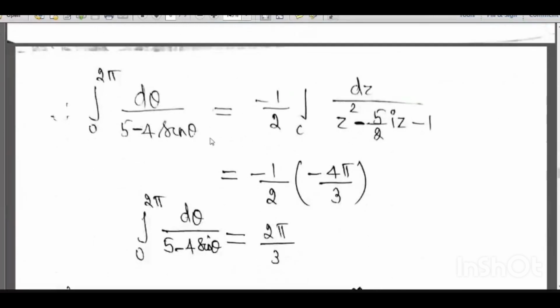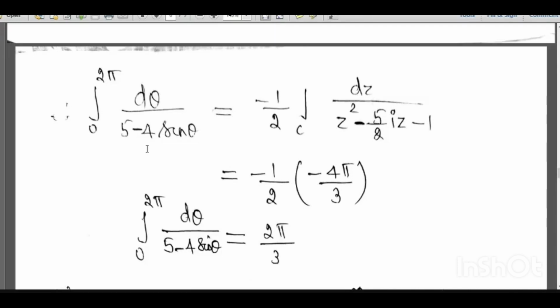But from equation number 1, the integral from 0 to 2 pi of d theta divided by 5 minus 4 sine theta is equal to minus 1 by 2 integral over C dz divided by z square minus 5 by 2 iz minus 1.